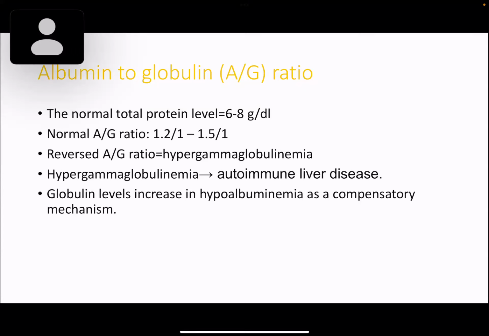If this ratio is reversed, this can suggest the presence of hypergammaglobulinemia, like the situation seen in those who have autoimmune hepatitis because of excess IgG, or in patients with primary biliary cholangitis because of high IgM. The explanation for this hyperglobulinemia is that it is a compensatory mechanism by the liver due to lack of production of albumin.